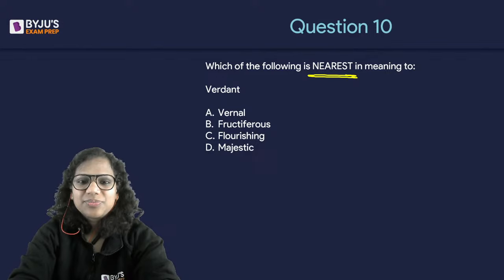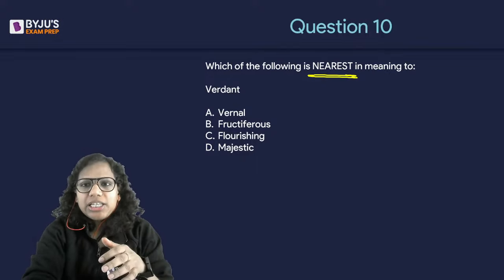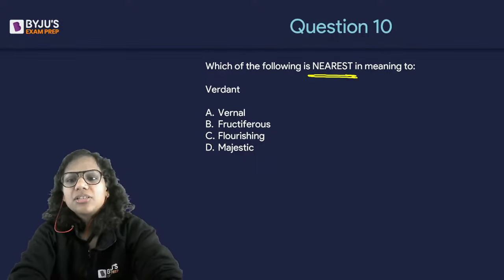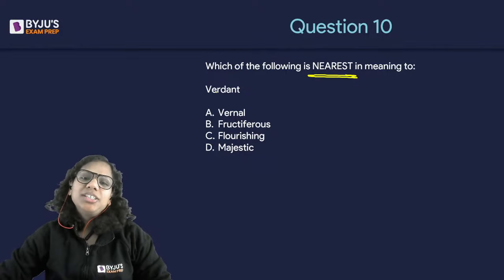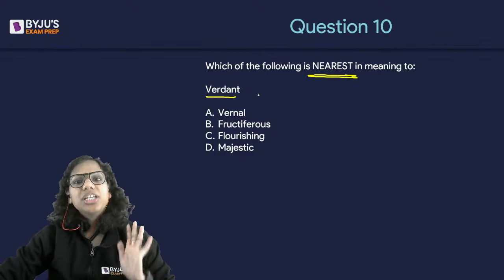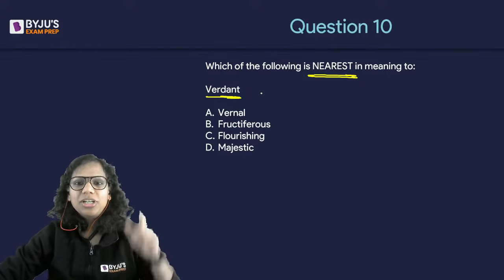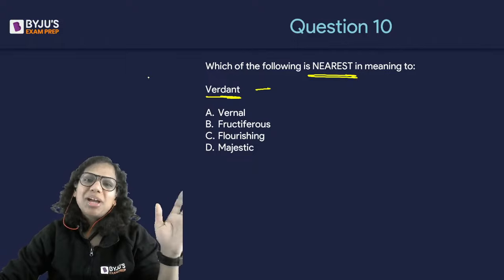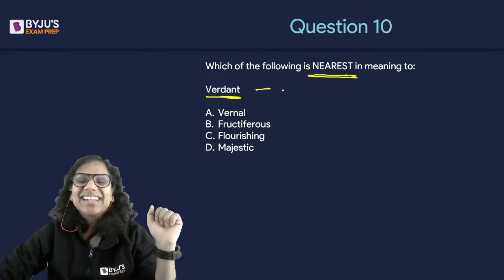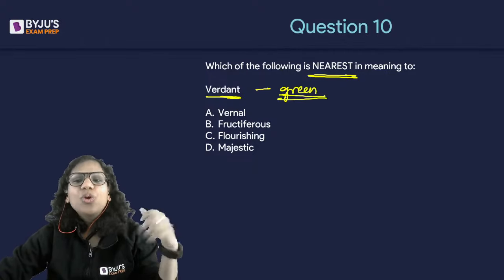Okay. So again, there are two relatively close ideas in this question. So that's what makes this question a little on the moderate side. Verdant is something that I associate with green. The moment I hear the word verdant, these green unripe mangoes come to my mind, right? Verdant means green. And what kind of green?